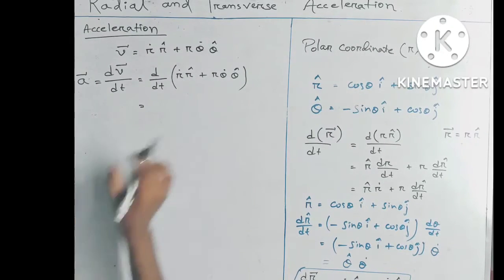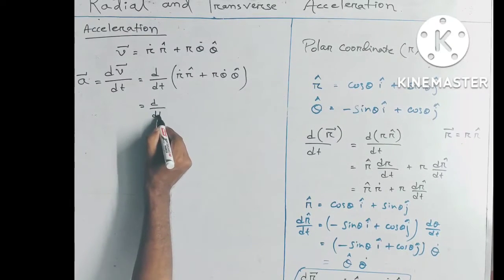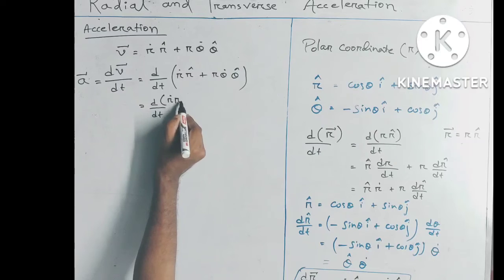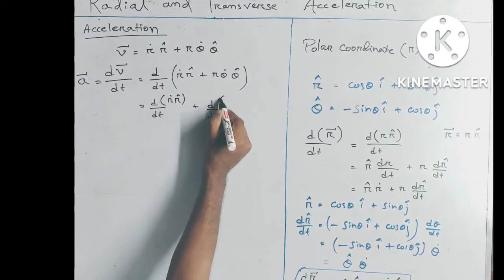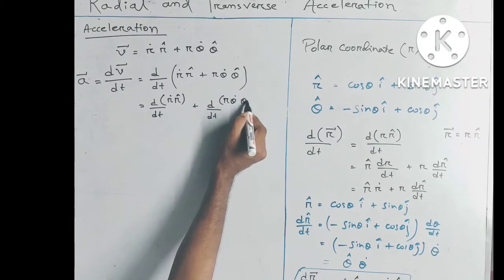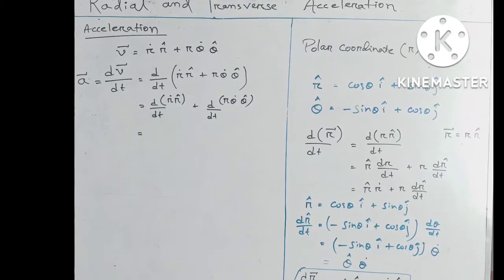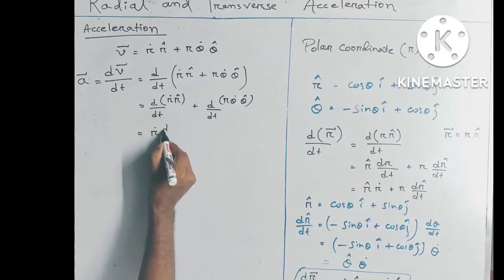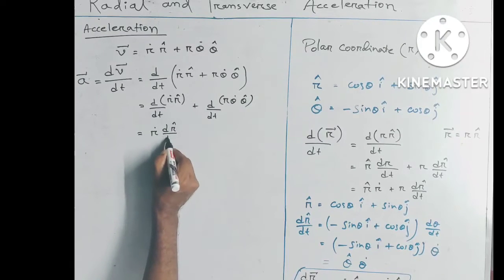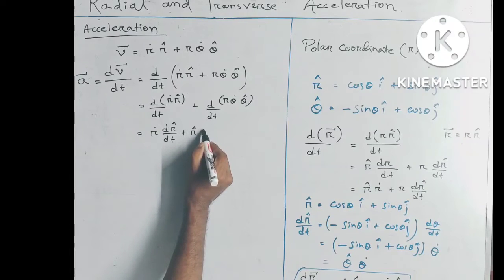Now there are two parts. So we take d/dt of r dot r cap plus d/dt of r theta dot theta cap, and this is a very lengthy calculation. So first of all, r dot is fixed, then dr cap/dt, plus r cap is fixed, then dr dot/dt.